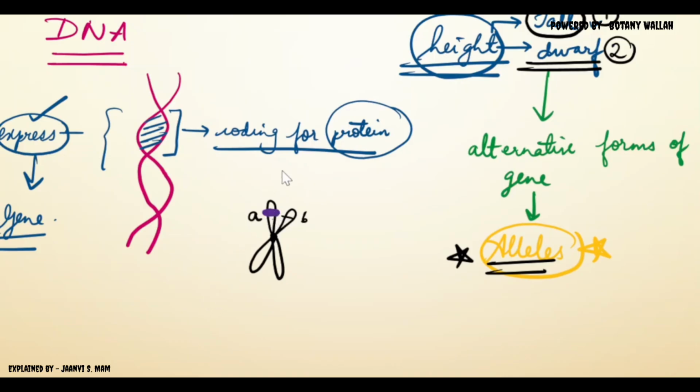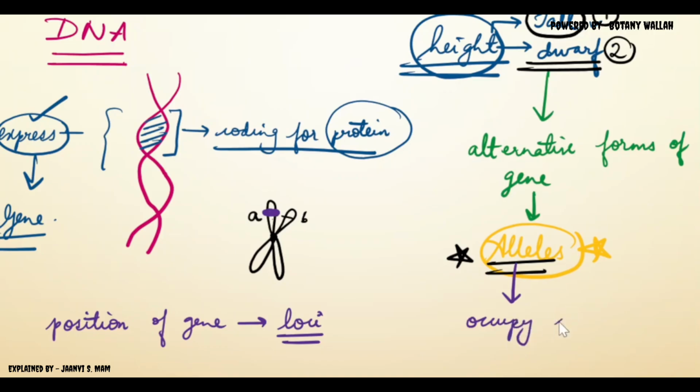Wherever the gene is located, that location we say as loci. The position of the gene we say as loci, or we can say location. And these alleles will occupy the same loci, or you can say identical loci.